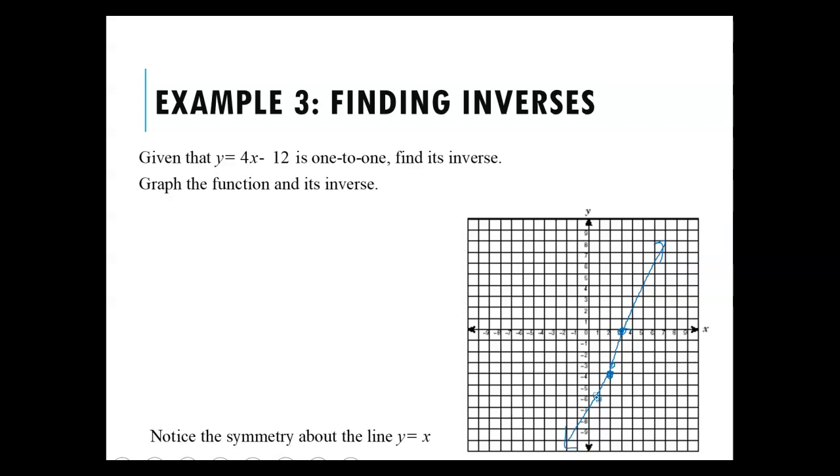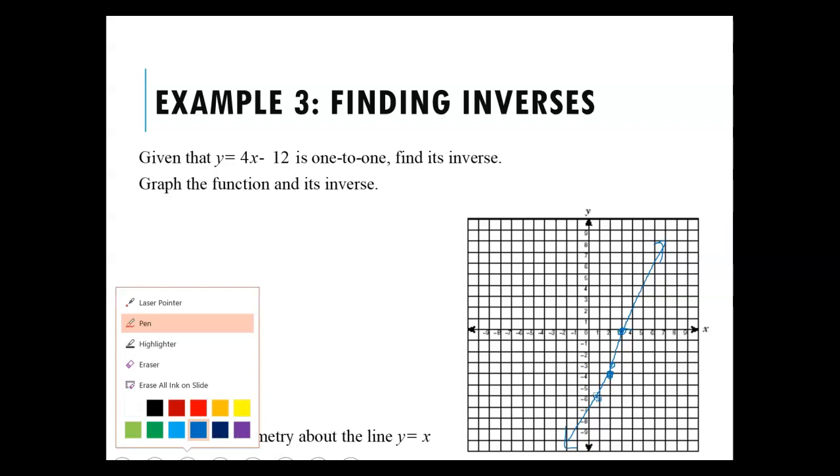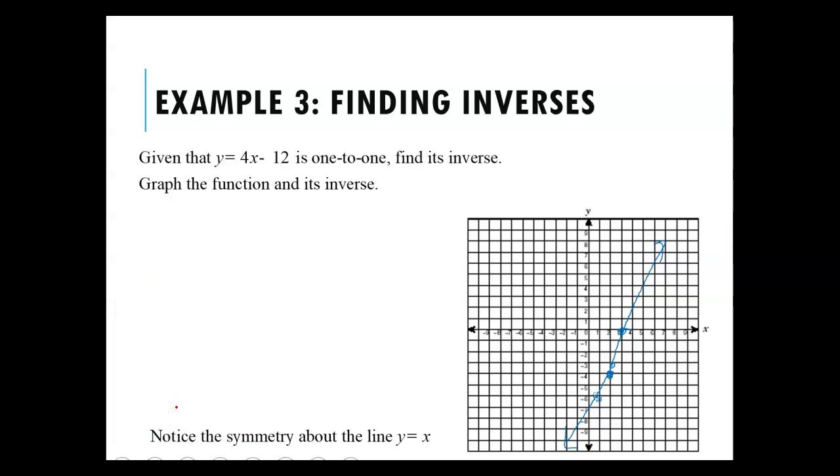Okay, so then find its inverse. To find its inverse, we would take x and y and flip them. So you have x equals 4y minus 12. Solve for y.